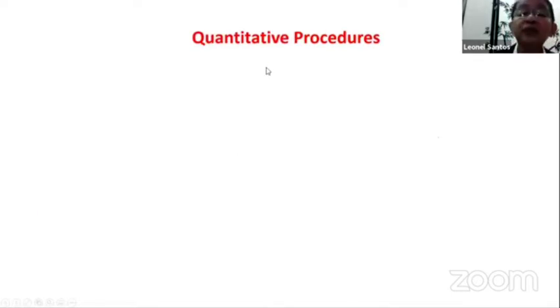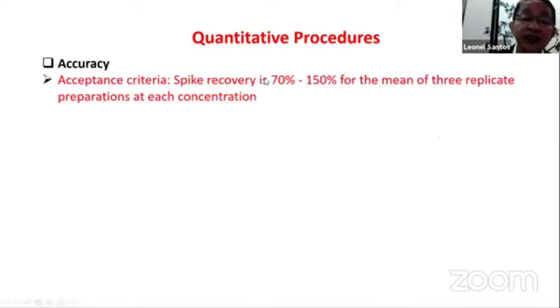For quantitative procedure, however, you need to establish accuracy. And accuracy would be a spike and recovery experiment. Somewhere between 70 to 150 percent would be acceptable for the mean of 3 replicate preparations for each of the concentrations.